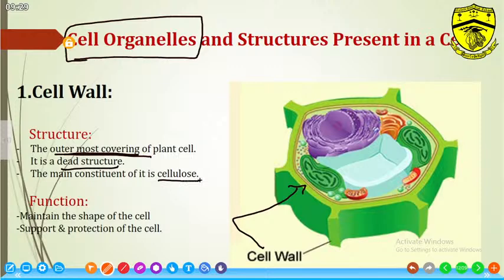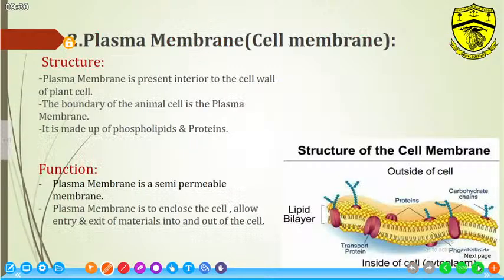But the hemicellulose, pectin, and lignin are also present in it. These constituents are also present in some plant cells. And these are the functions in here. Maintain the shape of the cell, support and protection of the cell. This is the main function of plant cell wall.